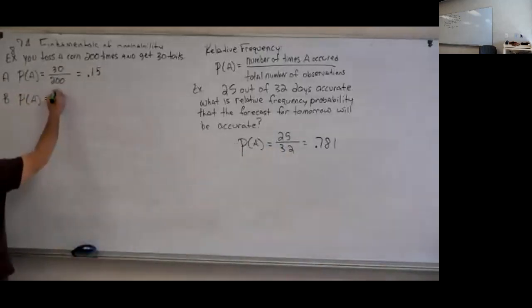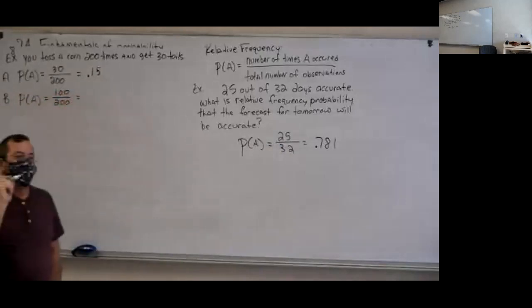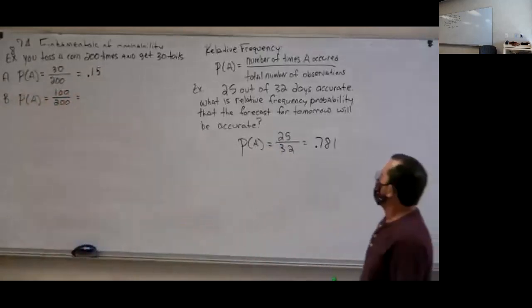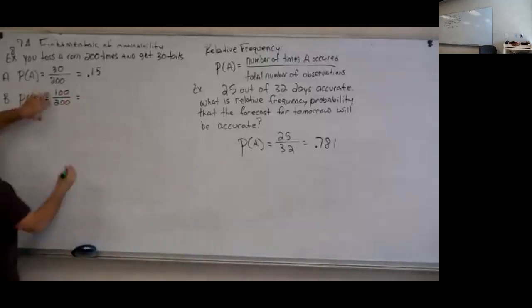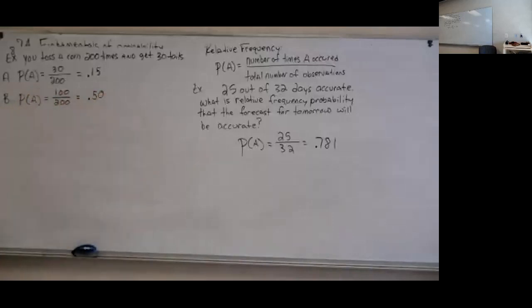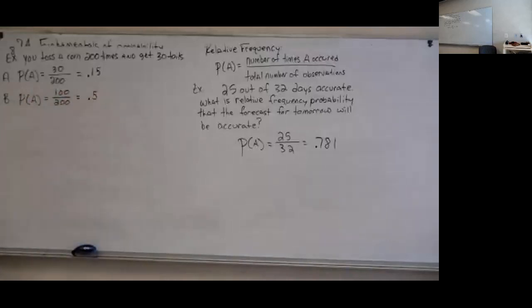So I would expect 100 of those to be tails and the other 100 to be heads. So our expected value is pretty much 1/2, and 1/2 should be what, 0.50? Or we could just put 0.5 on that, y'all. 0.5. There you go.